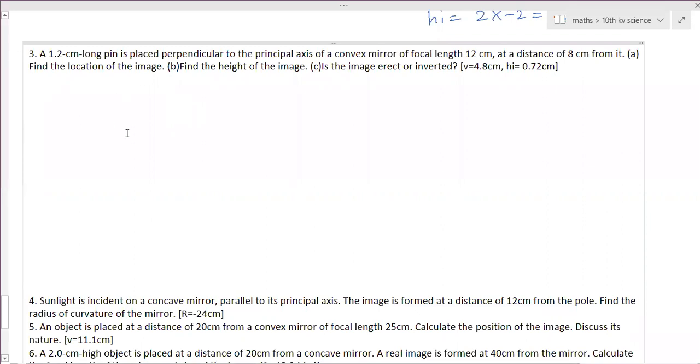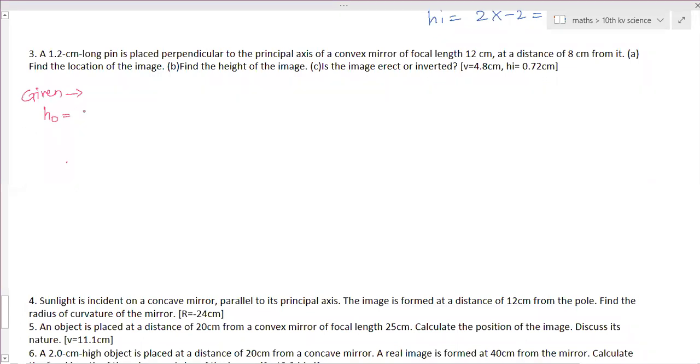Now tell me the given things in this question. What are the things given in the third question in front of you? Ma'am, the height of the object. The symbol we are using is HO.